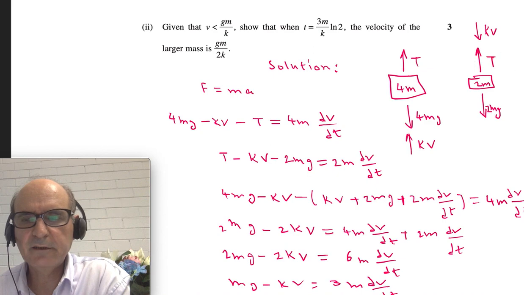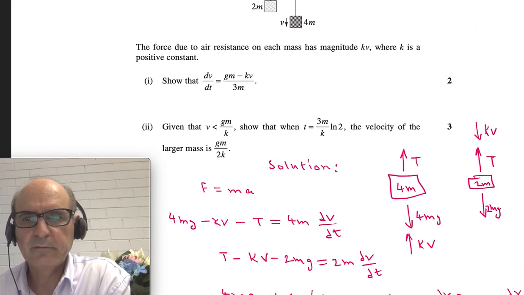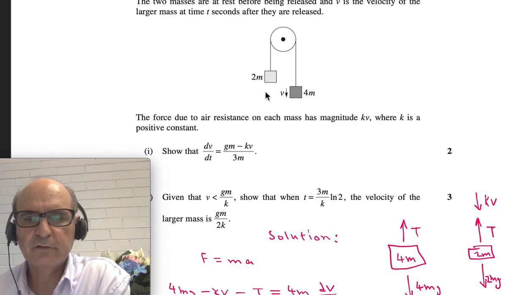For the second, smaller mass, 2m, we have again three forces. One is its weight, which is 2mg acting downwards, the tension in the string, which is upwards, and because this is moving up, the resistance will be kv downwards.